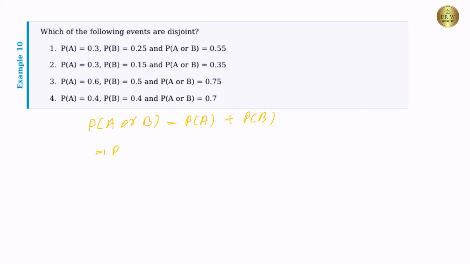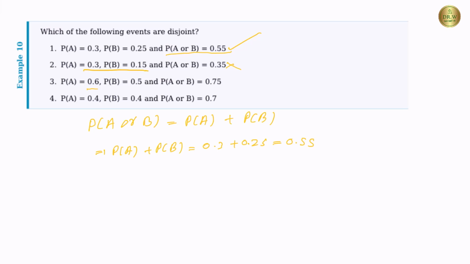First I check probability of A plus probability of B. Probability of A is, for the first one, 0.3, second one 0.25, then this is 0.55. Yes, you see here A or B is 0.55. Therefore, that is true. If you add these two together, 0.45, this is 0.35, that is not true.